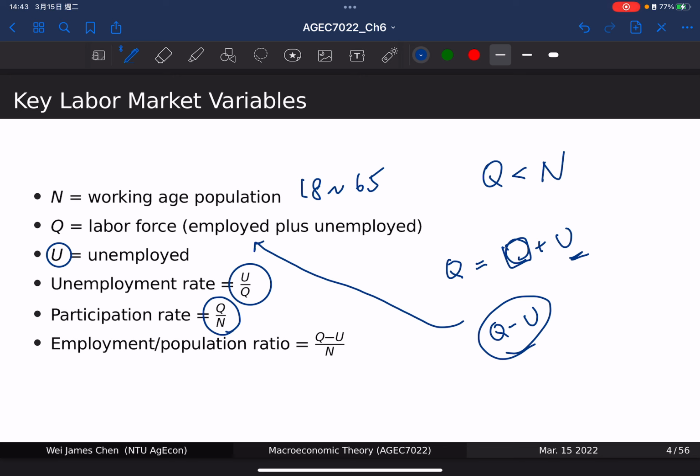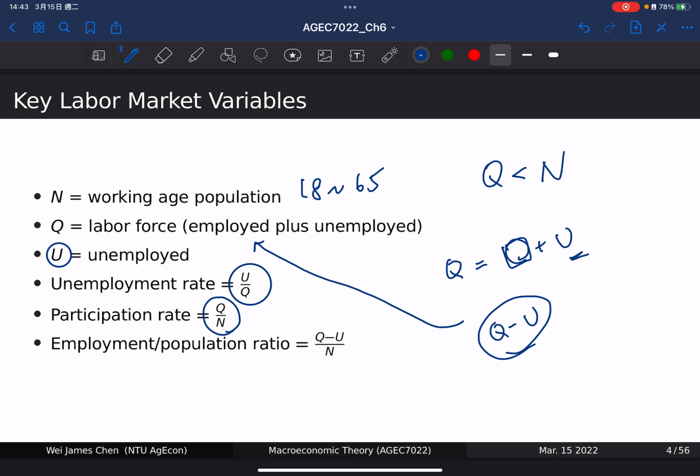You're also not trying to find work. Your work is housework. Then in that case, you're not in the labor force. So in a way, people can decide whether they participate in the labor force or not. That's why we call this rate the participation rate.